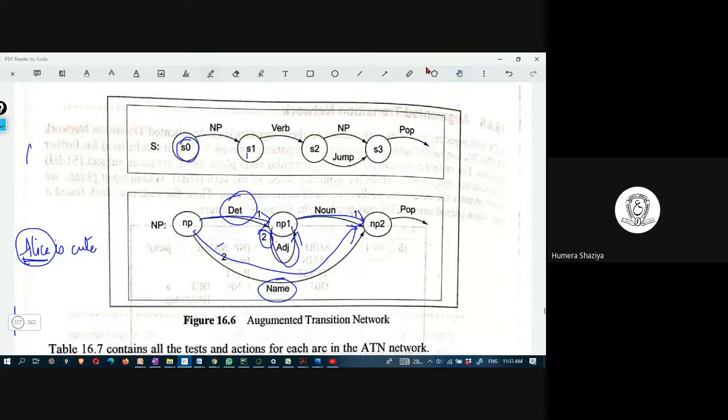Take an example, Alice runs. Alice runs means Alice is a subject which is parsed under this noun phrase sub network, and verb is runs, which is a main verb which has been found by being in S1. Now we have reached S2.